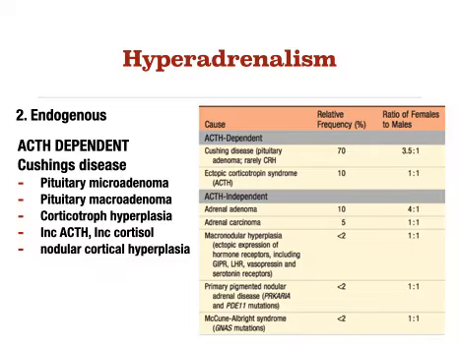But between the two, it's more of a problem involving the pituitary gland. And this is in the form of adenomas. So you have your pituitary microadenoma or pituitary macroadenoma. You also have your corticotroph hyperplasia.